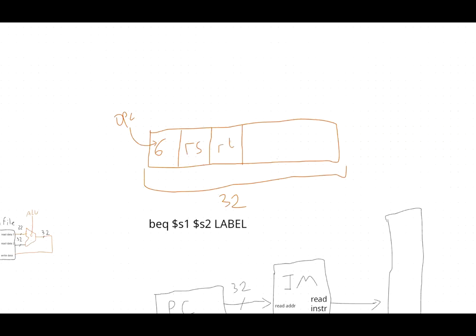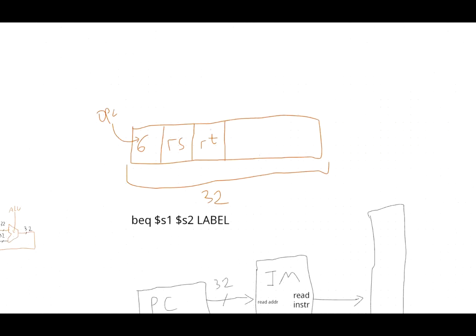I'm not sure exactly what they mean, but we have the two registers here, and they're 5 bits each, always. Then we have the label part, which is an address.